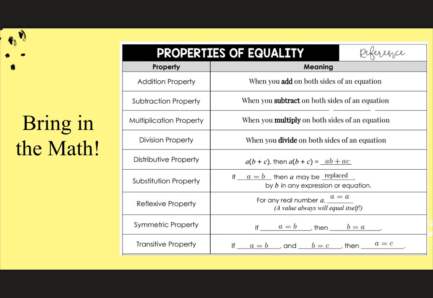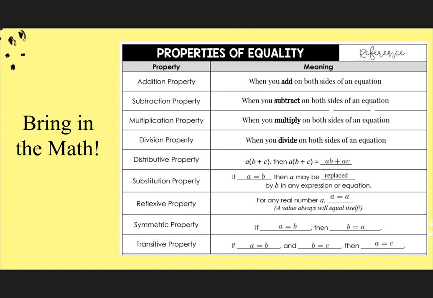So here are some of the properties that you've seen before, but that we're going to start with because we're going to do algebraic proofs first. We're going to start with algebra because that makes a little bit more sense sometimes than the geometry part of it.